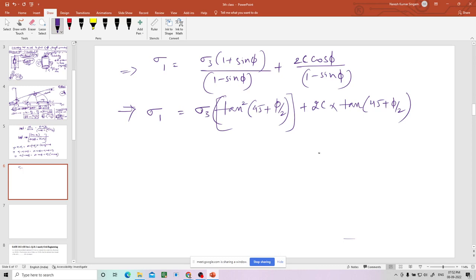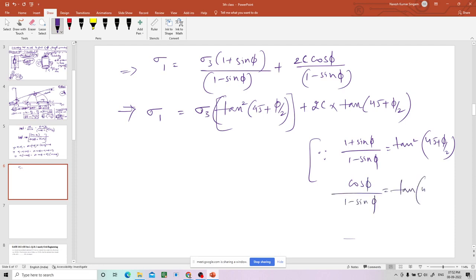See here, since (1 plus sin phi) by (1 minus sin phi) equals tan square (45 plus phi by 2), and cos phi by (1 minus sin phi) equals tan (45 plus phi by 2). Because of these two I have just taken like this.